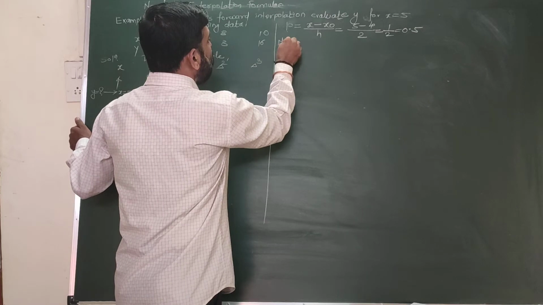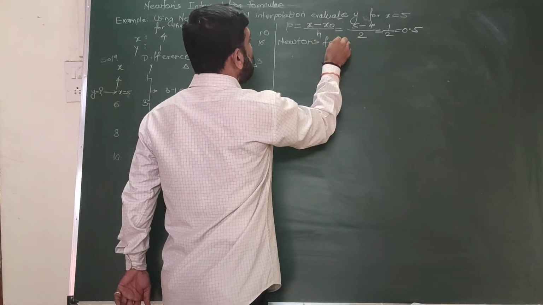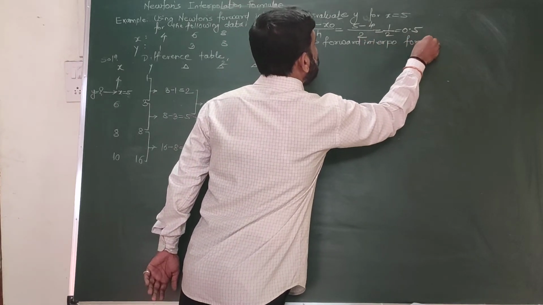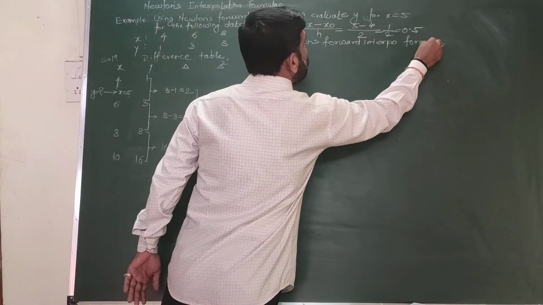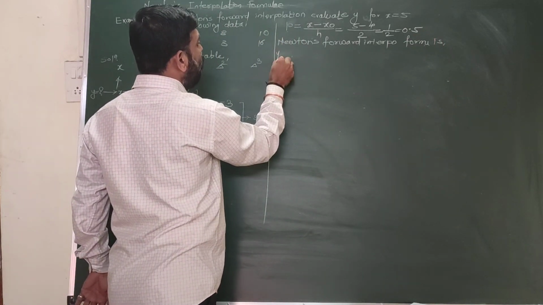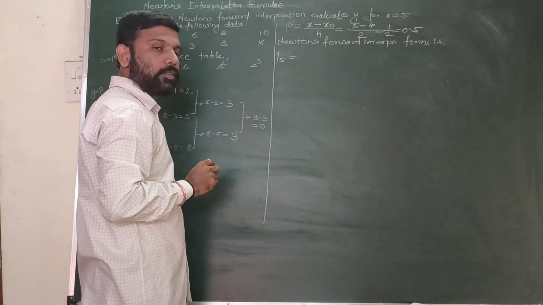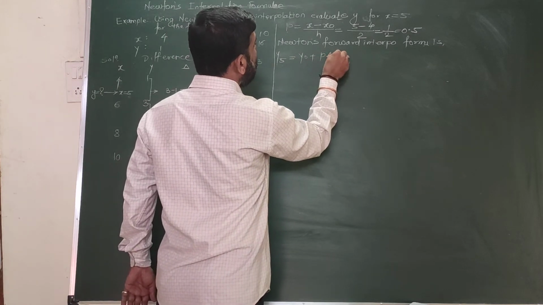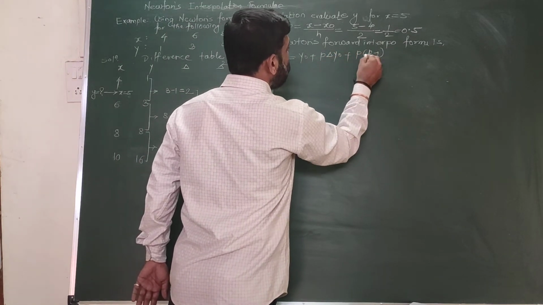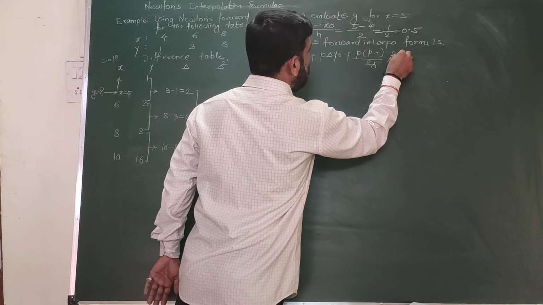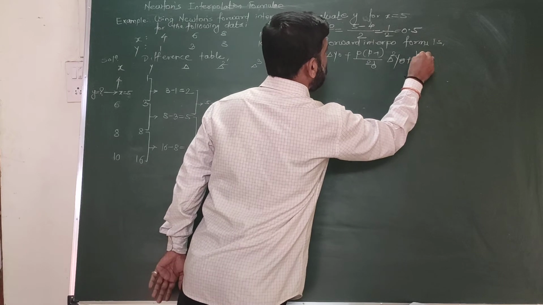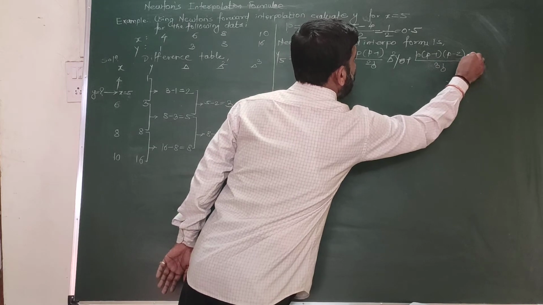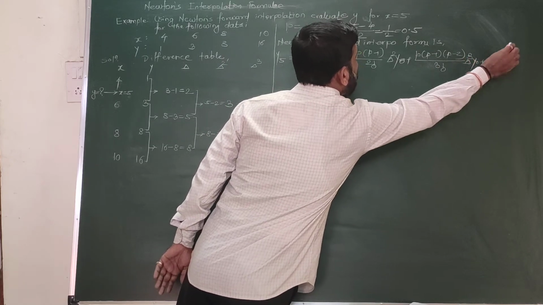Now next, we'll write down here Newton's forward interpolation formula. y at 5, this we have to find out, is y0 plus p delta y0, plus p into p minus 1 upon 2 factorial, delta square y0, plus p into p minus 1 into p minus 2 upon 3 factorial, delta cube y0, and so on.